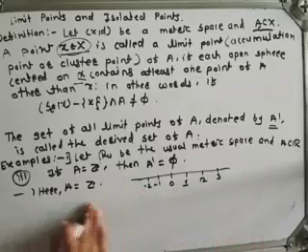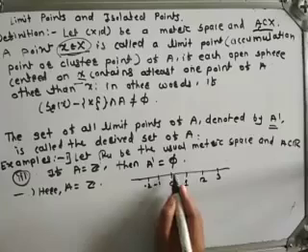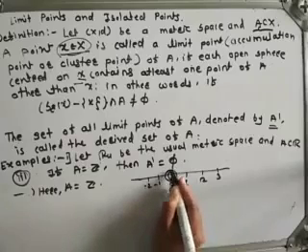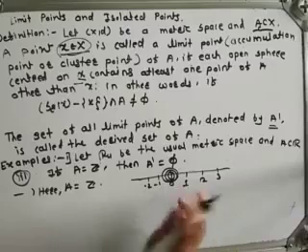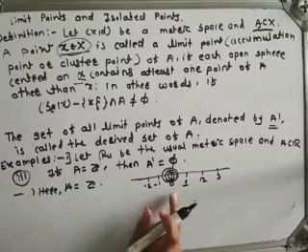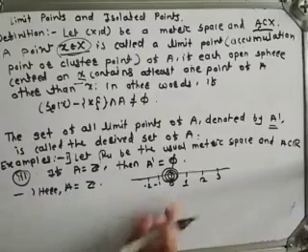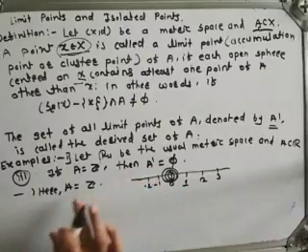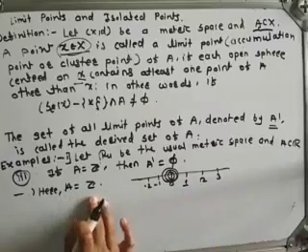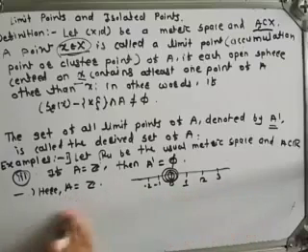If you take any point, suppose you take 0, each open sphere centered on 0 does not contain any point of Z other than 0. Therefore, 0 is not a limit point of Z. Similarly, 1 is not a limit point of Z and so on.